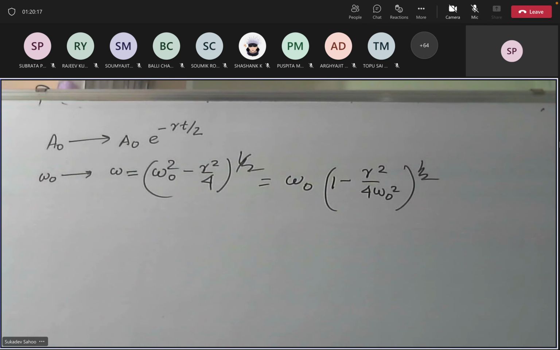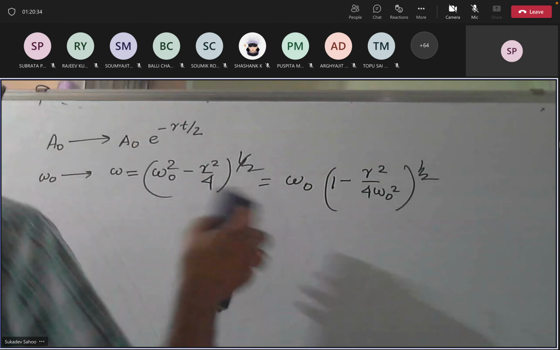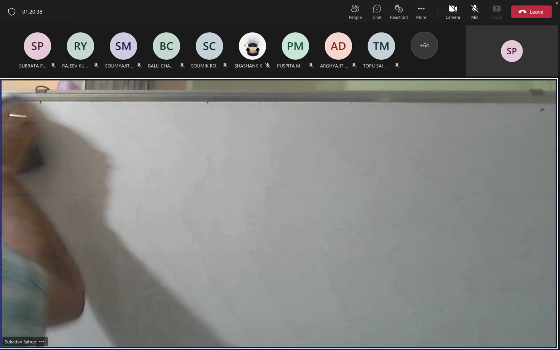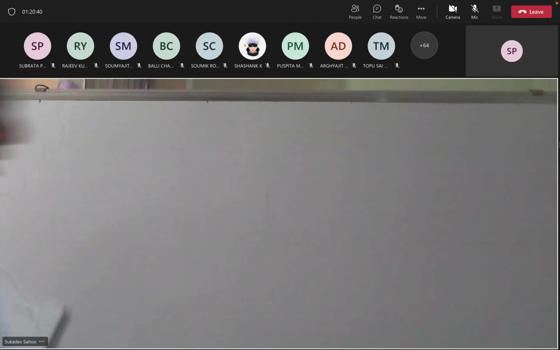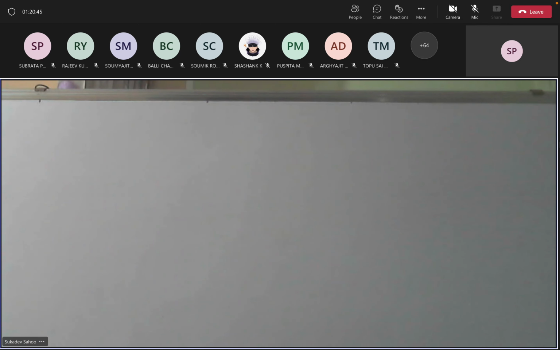So these are three different types of damped motion: over damped, critically damped, and weakly damped motion, and their equations of motion also. Then in the next class, we will discuss the energy of a weakly damped oscillator.